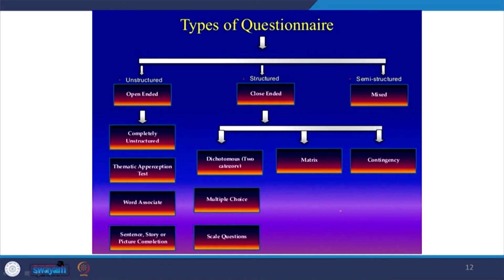Now, one such example is close ended. If you refer to a structured questionnaire, that is a close ended questionnaire, your answer is limited to the choices, like the respondent gives an answer in yes or no, or only a categorical variable, like when you ask for customer feedback on a 5 rating scale. Those are close ended questions.